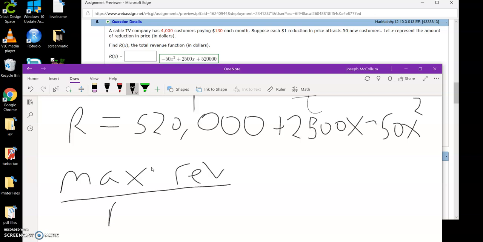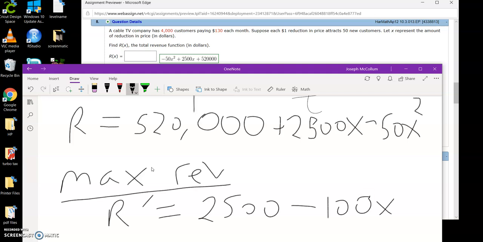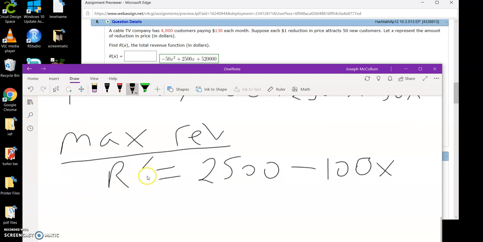To do that, to find any maximum or minimum, you need the derivative. The good news is we're skilled at the derivative here. The derivative of 520,000, I don't care. It's a constant. It's zero. The derivative of 2500x is 2500. And the derivative of negative 50x squared, bring the 2 down, subtract 1 from the exponent, gives us negative 100x.